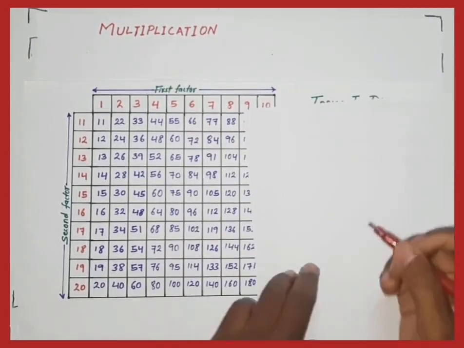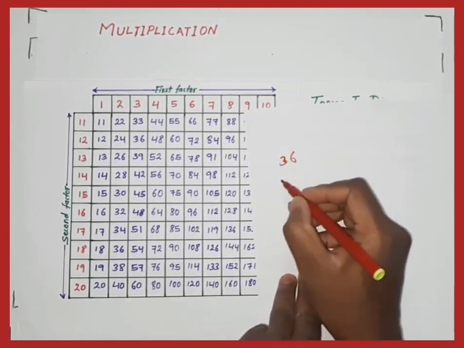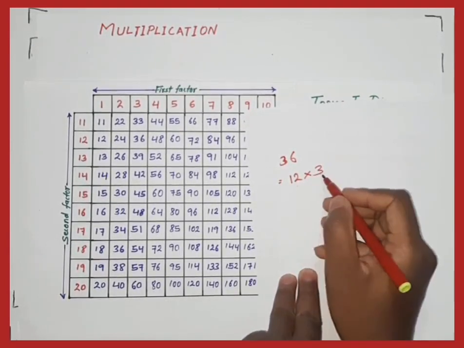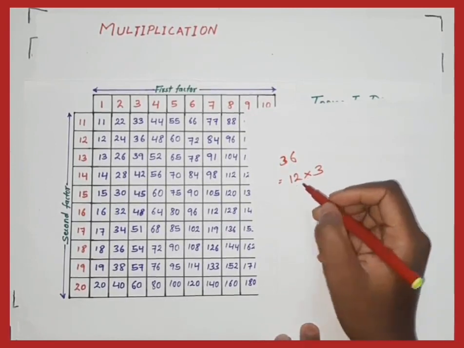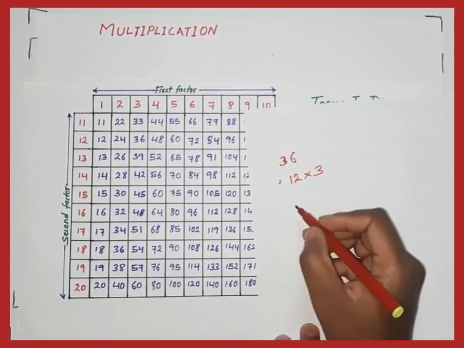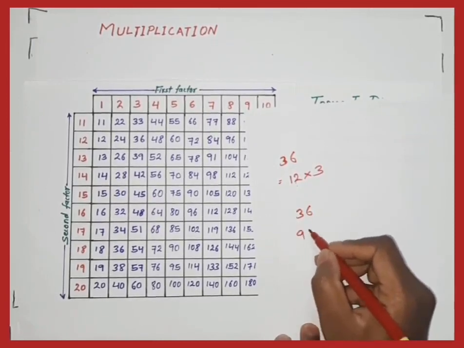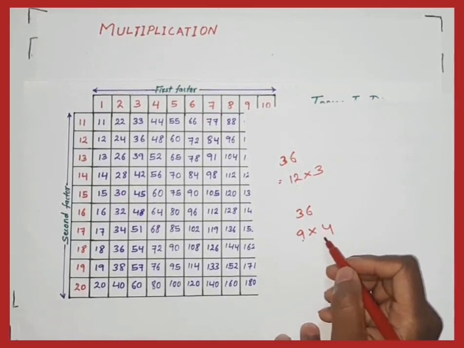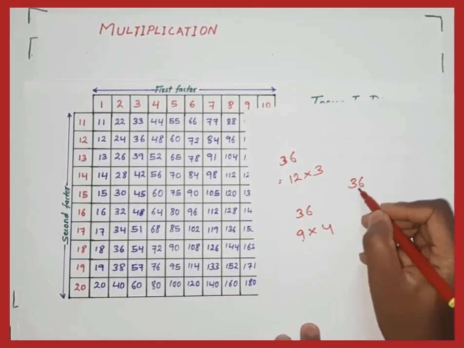See here, factors for 36: 12 and 3 means 12 into 3 is 36. These are called factors. So not only 12 and 3 are factors. If you see in the table of 9, there is a 36, yes or no? That is 9 into 4 is 36. So 9 and 4 are also factors of 36. So we have so many factors for 36.